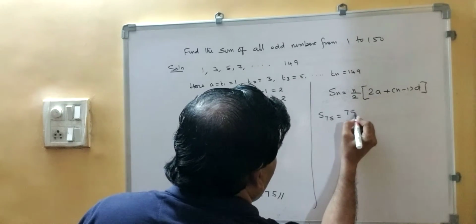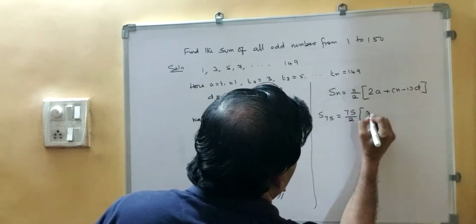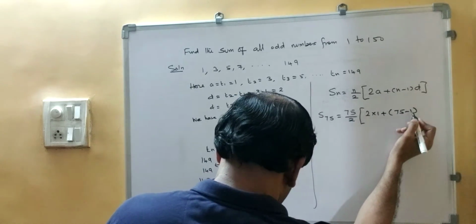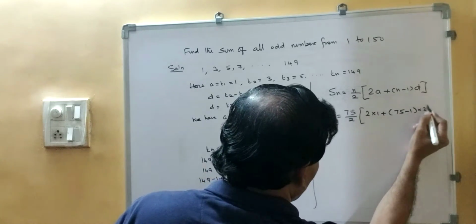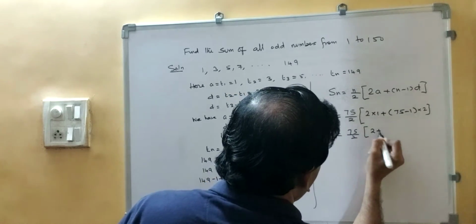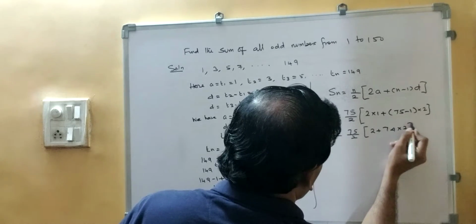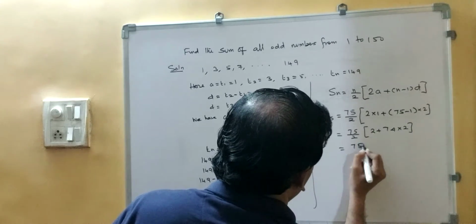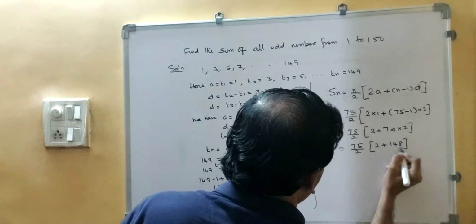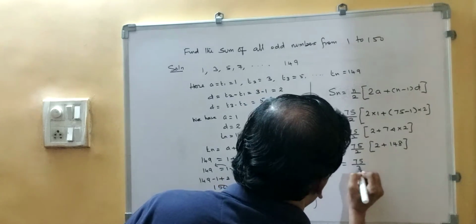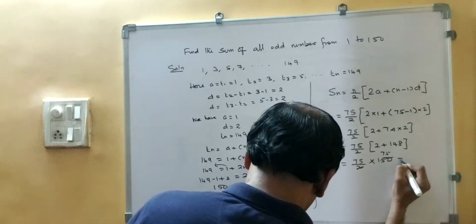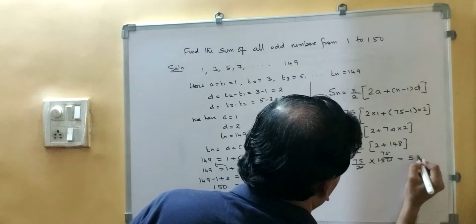So 75 upon 2 into 2 into 1 plus 75 minus 1 into 2. Equal to 75 upon 2 into 2 plus 74 into 2. So 75 upon 2 into 2 plus 148. So 75 upon 2 into 150. So 75 times 75 is 5625.